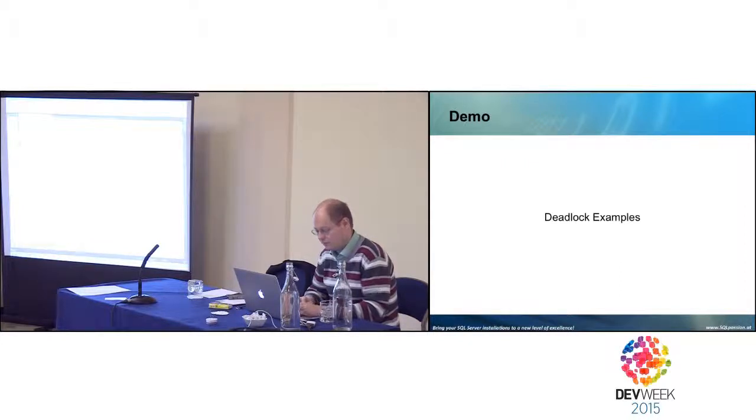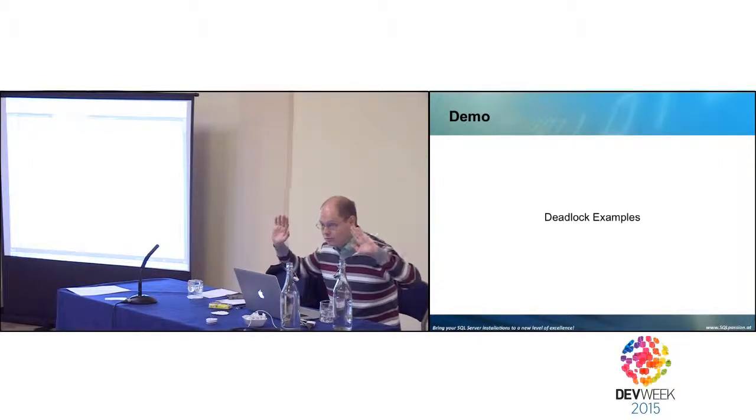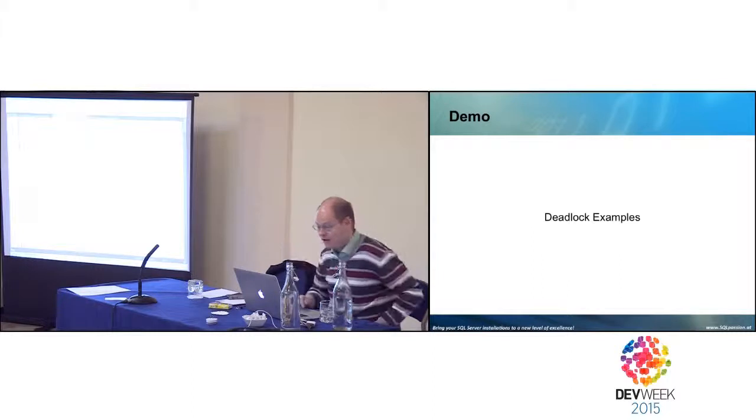So let's change that to read committed snapshot. And now I'm just reconnecting in every session so that we are using the default isolation level of read committed, because we have set previously the isolation level to repeatable read.